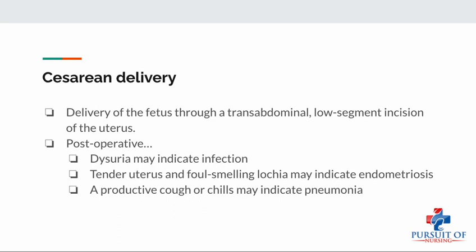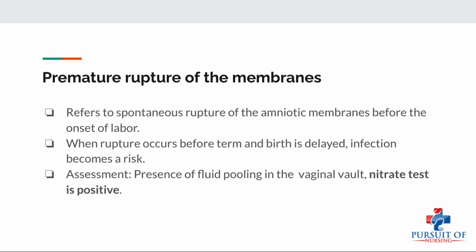So a C-section, a cesarean delivery, is delivery of the fetus through an abdominal incision. Post-op, it's very important to monitor for any signs and symptoms of infection. Dysuria may indicate infection. A tender uterus and foul-smelling lochia may indicate endometritis. And also recognize that a productive cough or chills may indicate pneumonia.